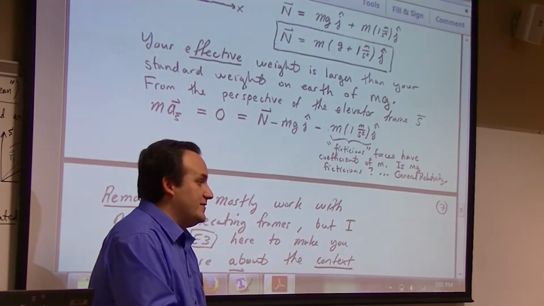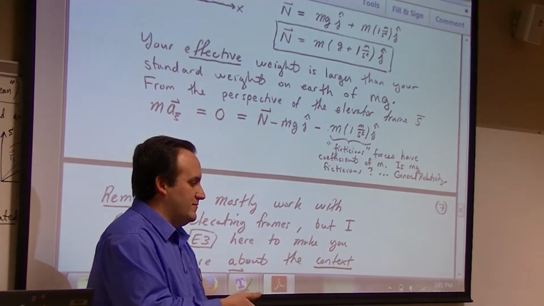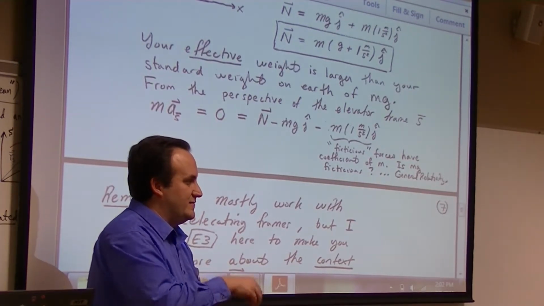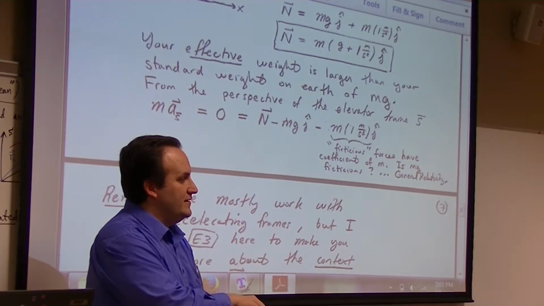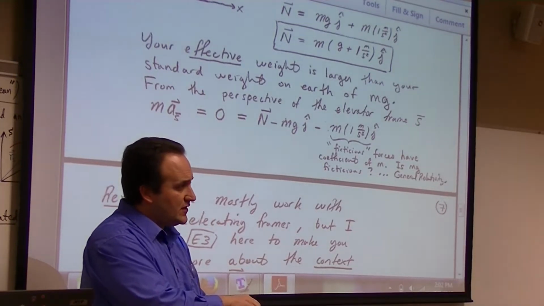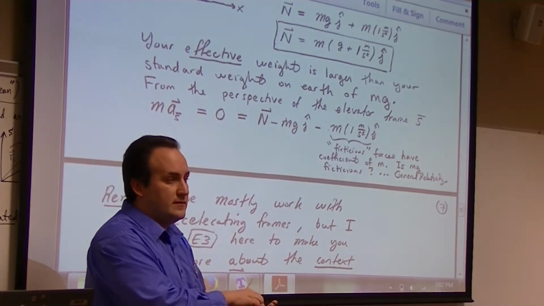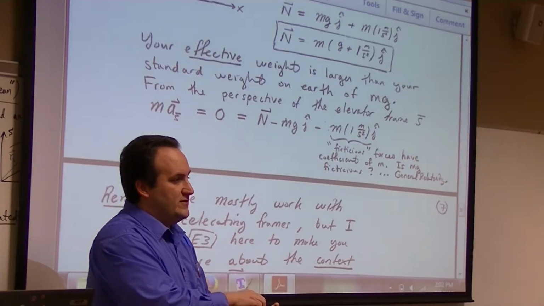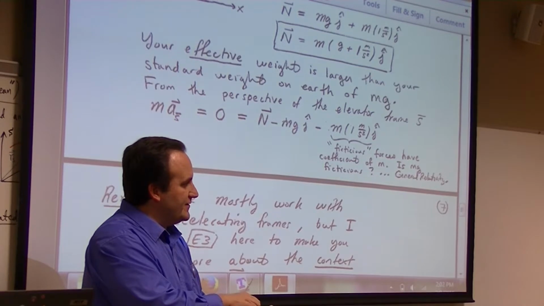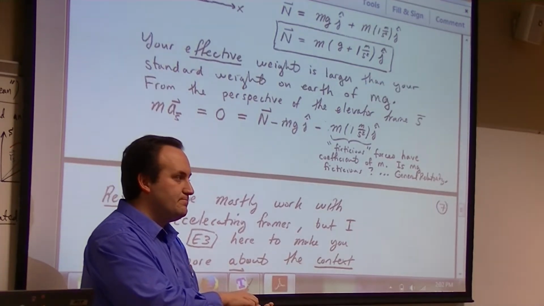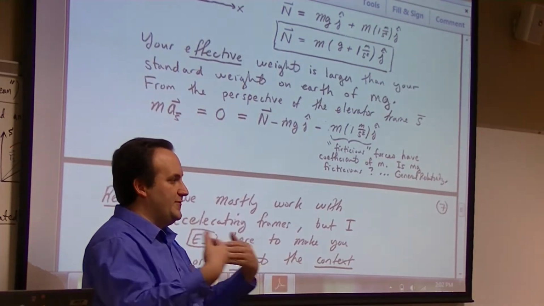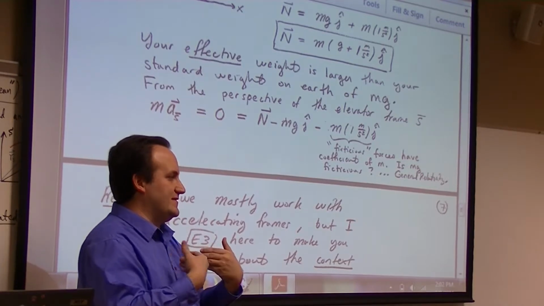With respect to the elevator itself, Mr. Top Hat's position is just constant. He's just standing there, right? So the acceleration with respect to the elevator frame of reference is zero. So if you believe in Newton's second law, from the perspective of the elevator, you say the sum of the forces is zero. Now from the perspective of the Earth frame, you realize that that's a lie, right?